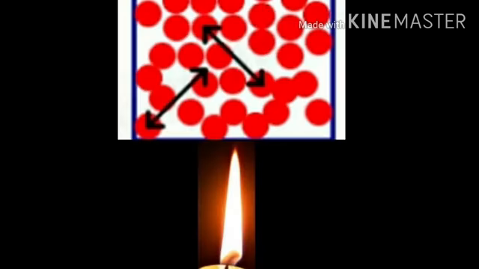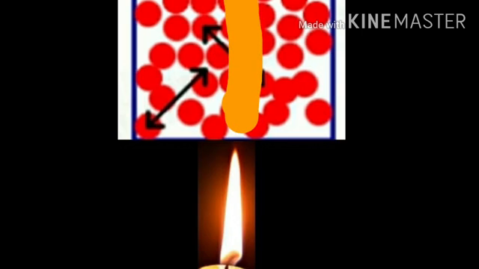But in liquids and gases, what will we observe? First, the molecules nearest to the source of energy become hot, and when they become hot, they move upwards, and slowly the molecules from above come down.